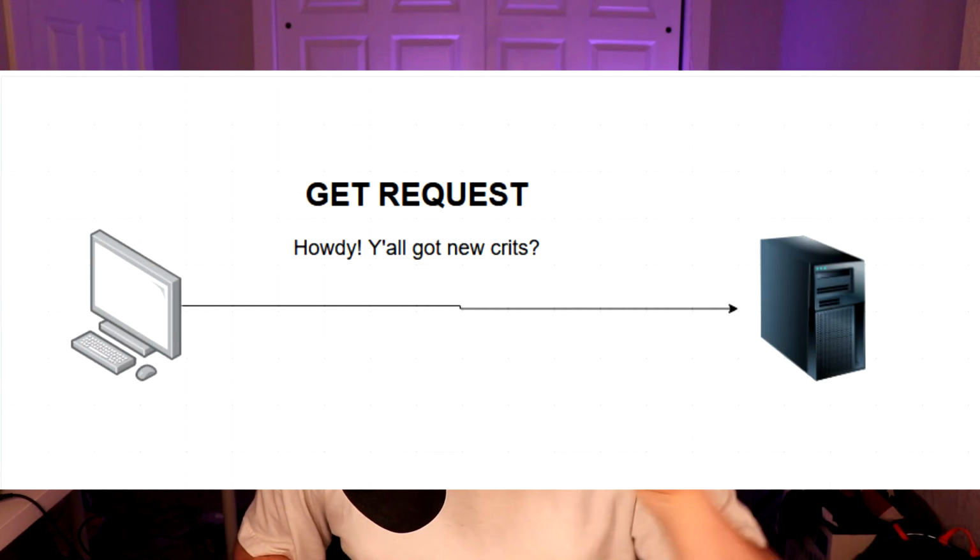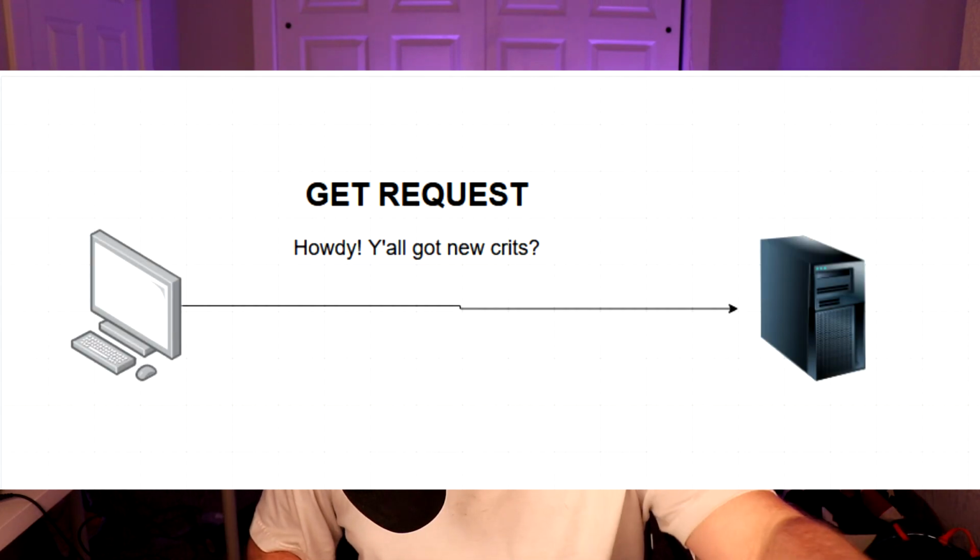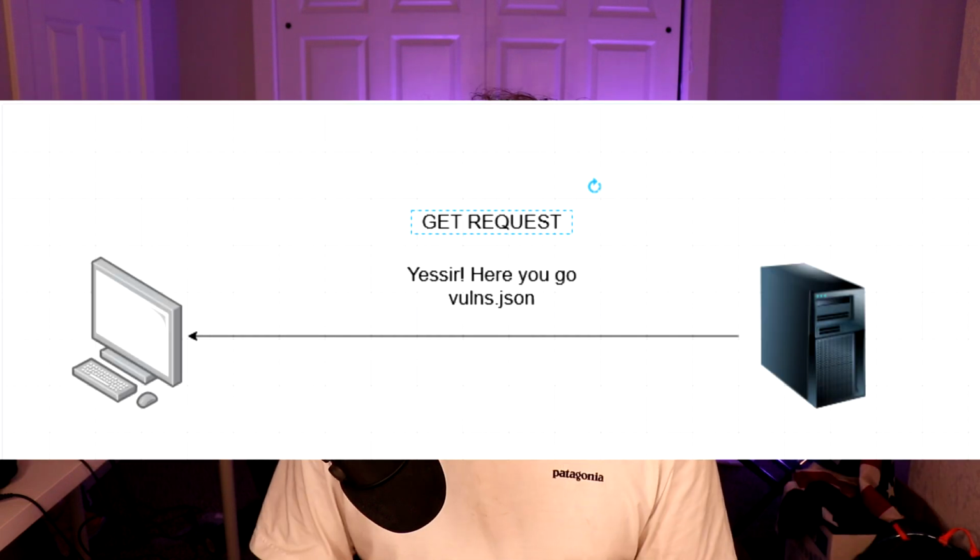At midnight, you do a GET request to the CVE database: hey, what is the latest that you have? You download the latest stuff. There are ways to avoid downloading the entire database and just download what's new, but I digress.